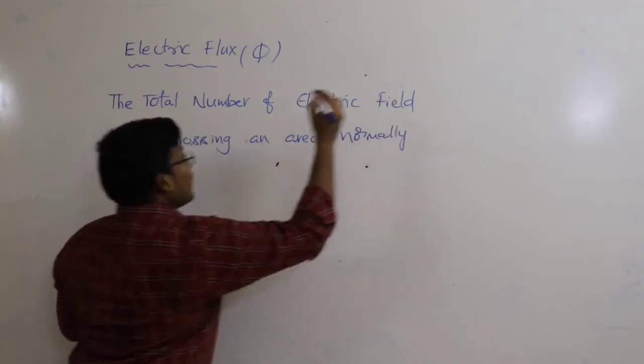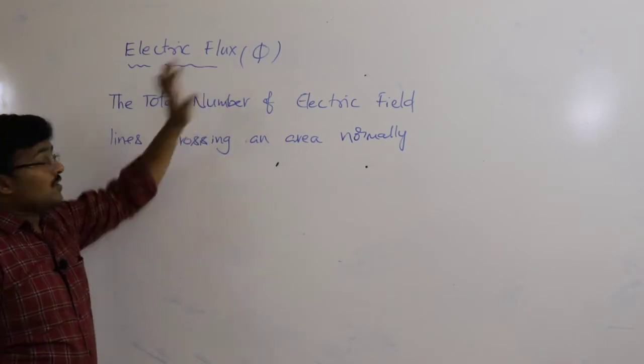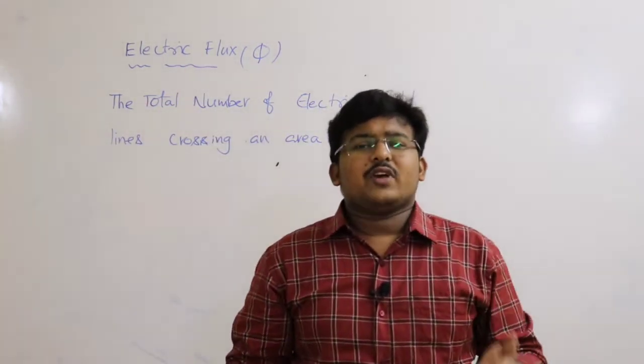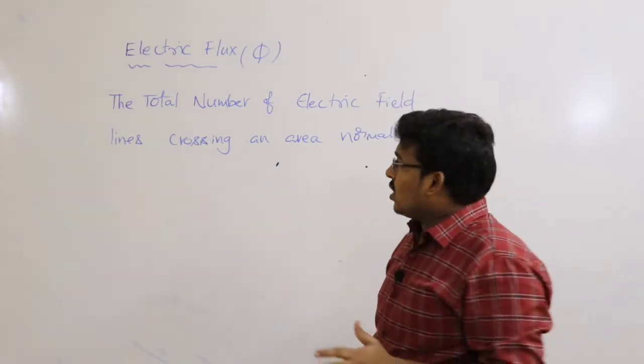The number will give you the flux. If more lines are crossing, we can say that through this area the flux is more.